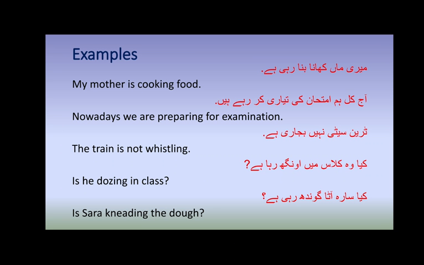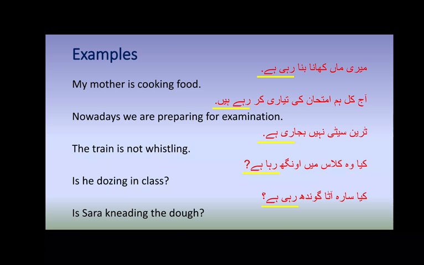Okay, let's have a look at the Urdu translation and focus on the last 2 words of the Urdu translation, and they are रही है, रहे हैं, बजा रही है, रहा है, रही है. रही, रहे, रहा, and रही are showing that this action is in continuity.